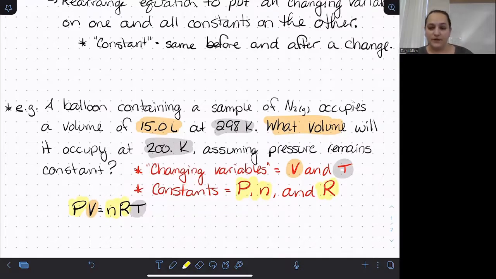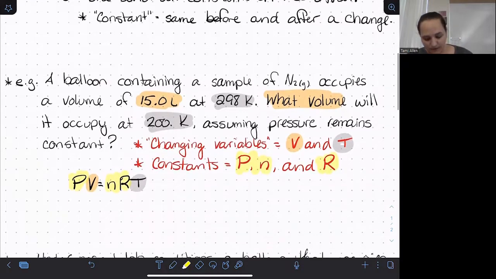So we need to get V and T on the same side of the equation. The easiest way to do that is to divide by T, and then we need to get P over with n and R, so we can divide both sides by P. So V over T is equal to nR over P, just simple algebraic rearrangement of this equation.